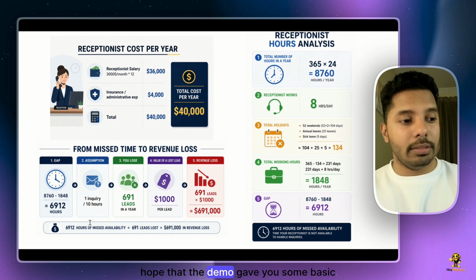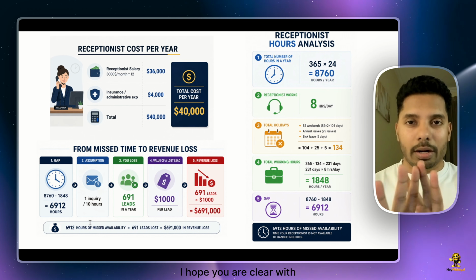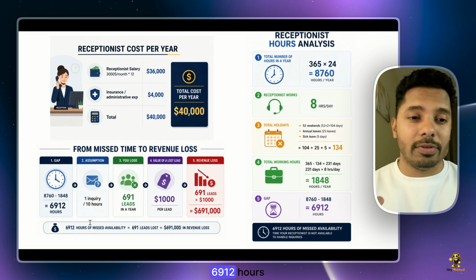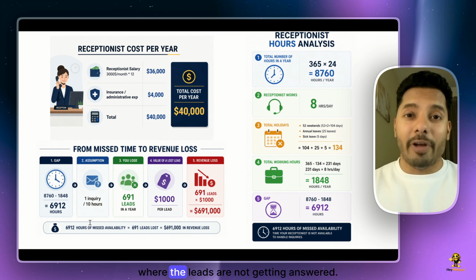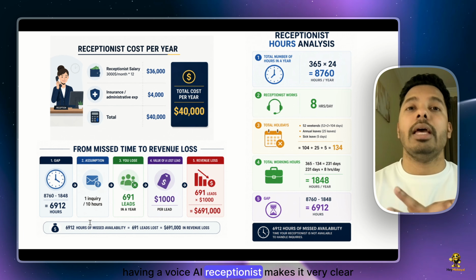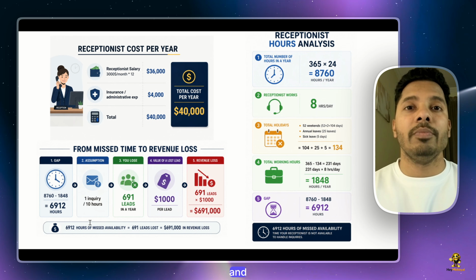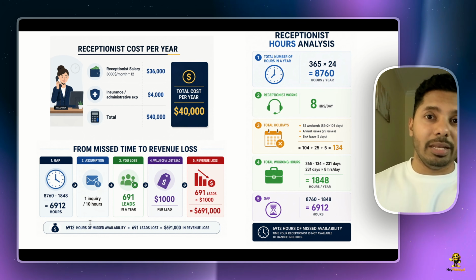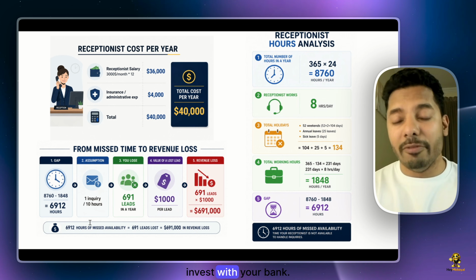I hope that the demo gave you some basic understanding of how this works, and I hope you are clear with understanding how there's a big gap of 6,912 hours right now in your business where the leads are not getting answered, and hope having a voice AI receptionist makes it very clear that it can give you enormous amount of value and revenue from your customers and a better customer experience and positive reviews and more referrals from those customers to invest with your bank.